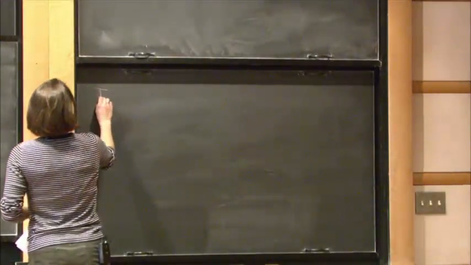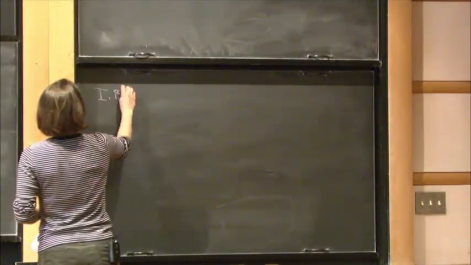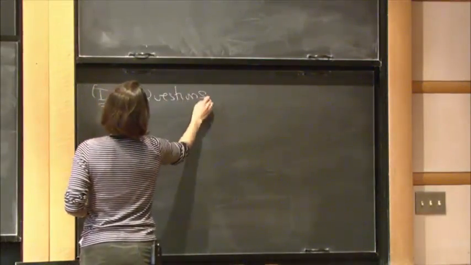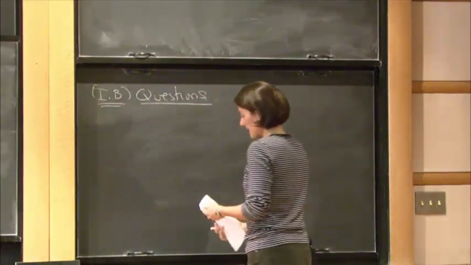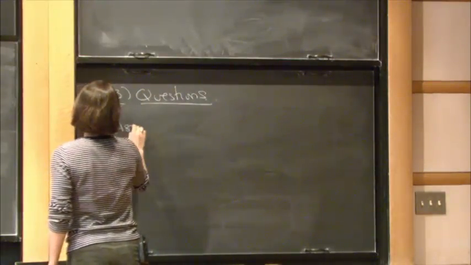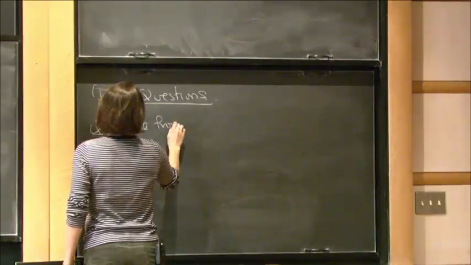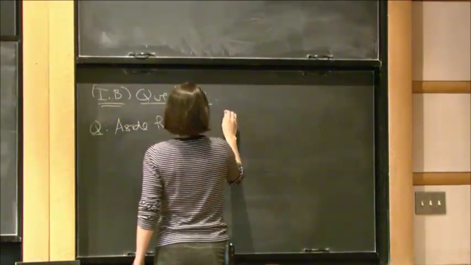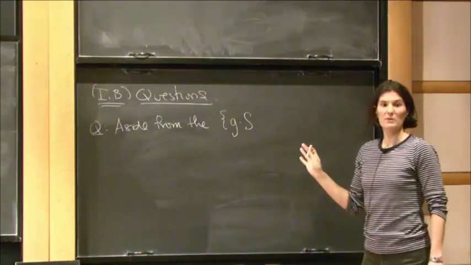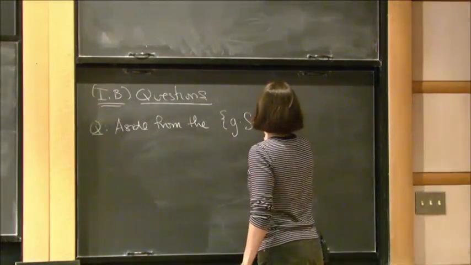So some of the questions I'd like to discuss related to Schubert varieties are the following. So the first is, aside from the Schubert varieties themselves, and I'll consider anything congruent to a Schubert variety a Schubert variety.